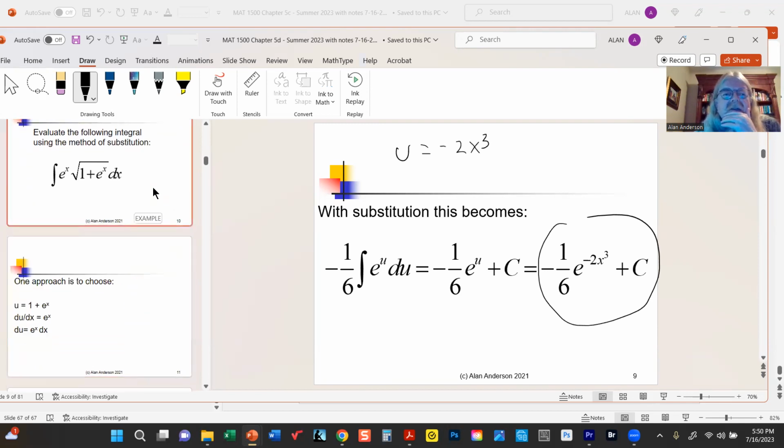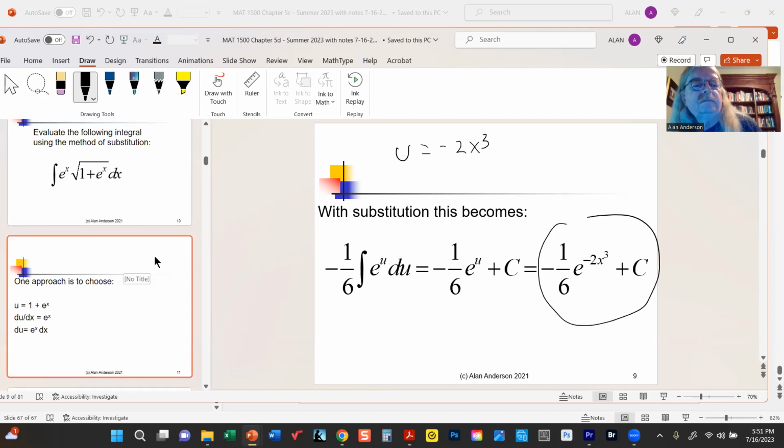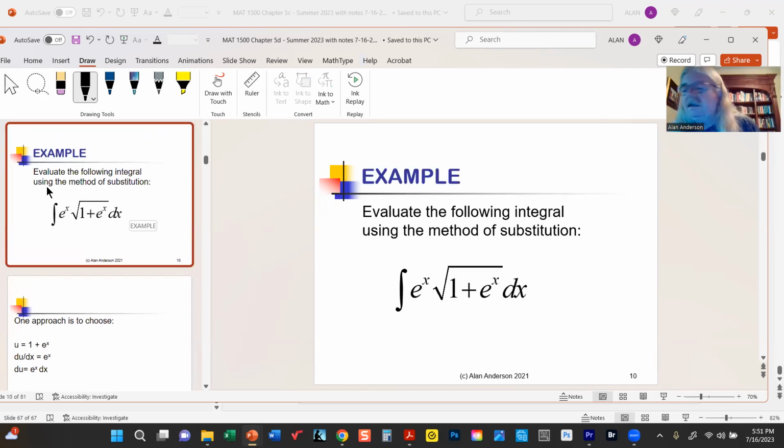How about this one? Like I said, there's so many. We'll definitely do some more practicing with these before we dive into chapter 6. Okay, now which one of these do you think we're going to use? See, this is the challenge. It's not always, like I said, obvious which one should be your u.